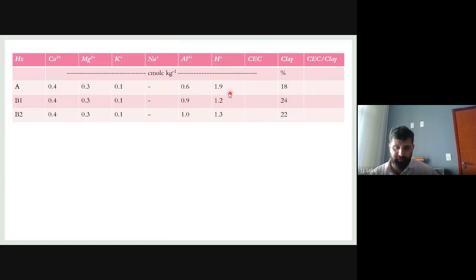So in this case, to calculate CEC I just use hydrogen. So I just need to sum 0.4, 0.3, 0.1, and 1.9 to calculate the A horizon. The ferralic horizon is just a B horizon, so I just need to calculate B1 and B2.